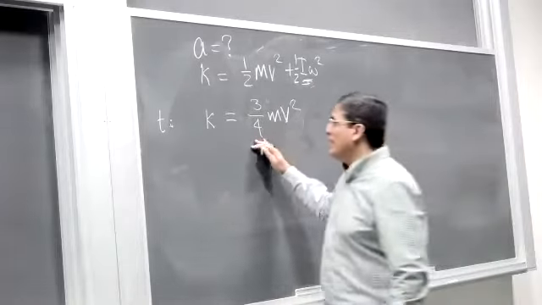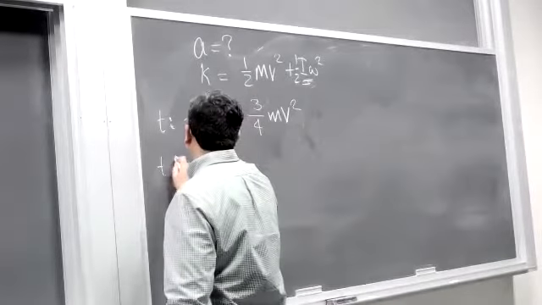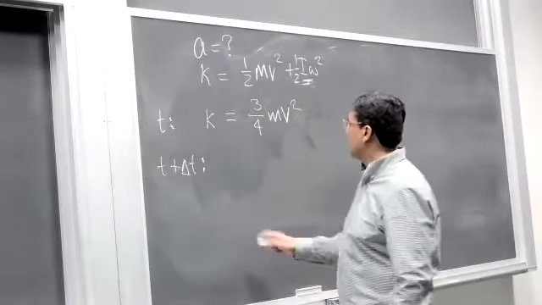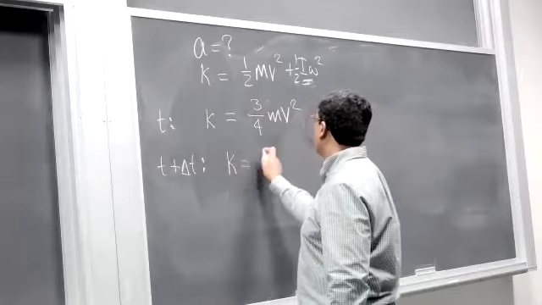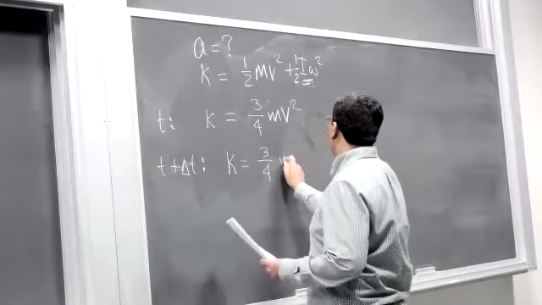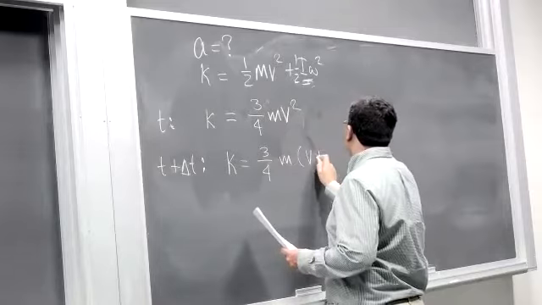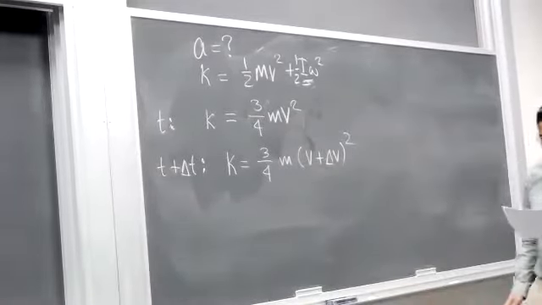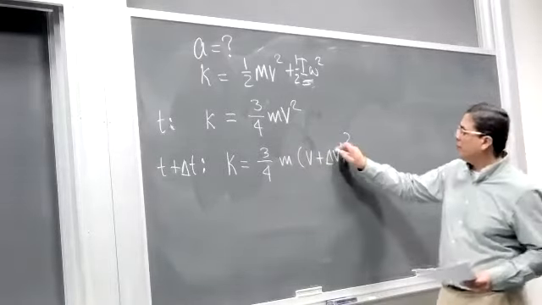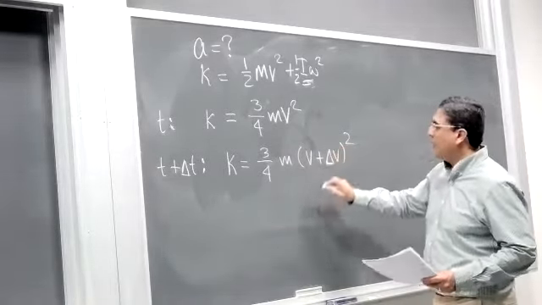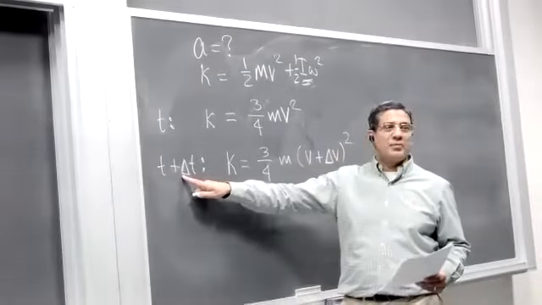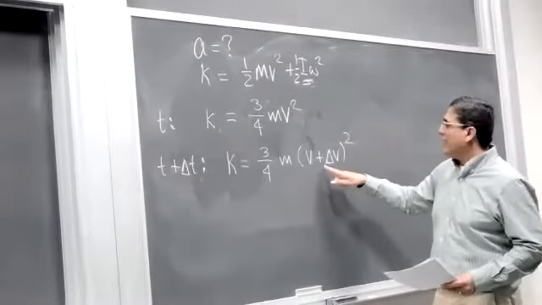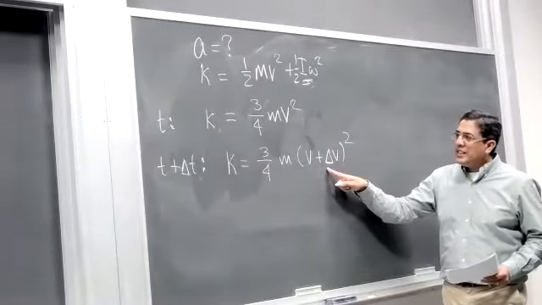What would be the kinetic energy at time t plus delta t? 3/4 m (v plus delta v) squared. It's accelerating, right? That means its velocity would have changed by a small amount after a small amount of time. So if this was the kinetic energy at time t, this would be the kinetic energy delta t later.